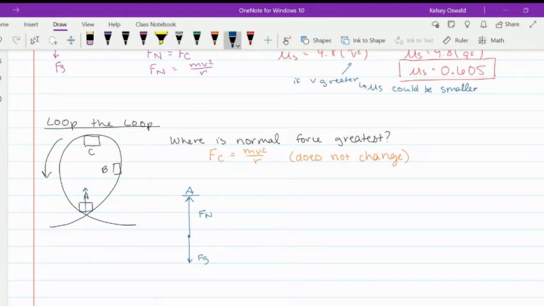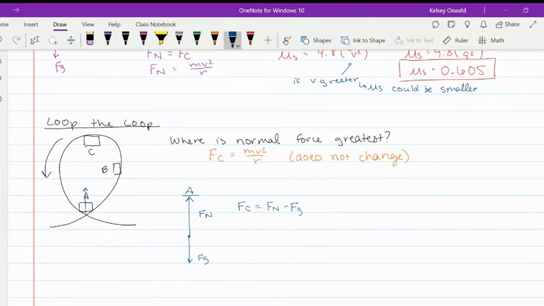So if we want to find our centripetal force, what we're going to do is take our force pointing towards the center, that normal force, and subtract the force pointing in the opposite direction. Okay, so it's handy to make the force pointing towards the center always our positive force, because that's the direction our acceleration is pointing.